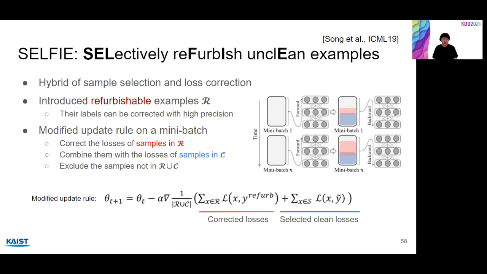First, it corrects the loss of the refurbishable examples by relabeling when we are certain, and then it combines this with the loss of the selected clean examples as well. As shown in the equation below, the left component is the loss of the corrected examples, obtained by replacing the label with a better one, and the right component is the loss of the selected clean examples. They are combined to update the model.